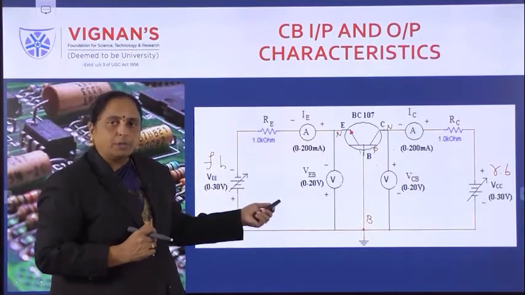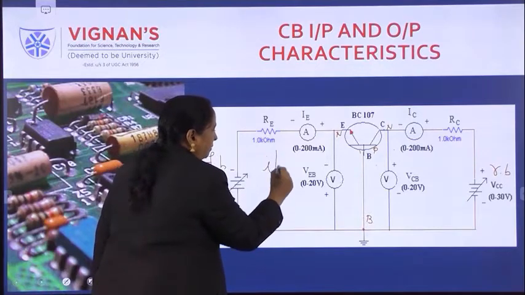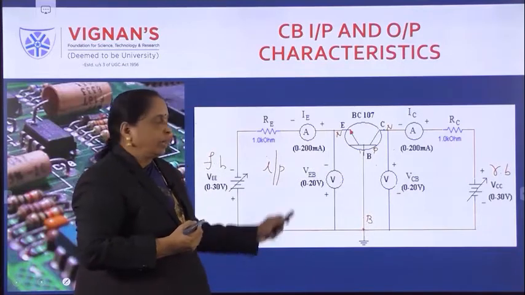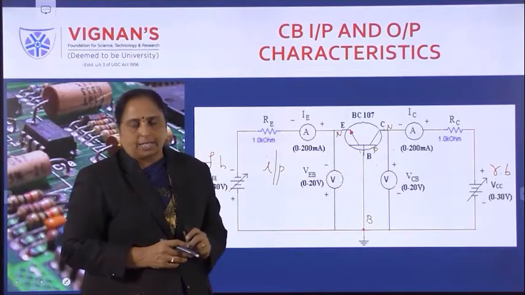So what is meant by input characteristics from this circuit? So input characteristics are this: between input voltage and input current. We are going to study the input characteristics. So how to define input characteristics?